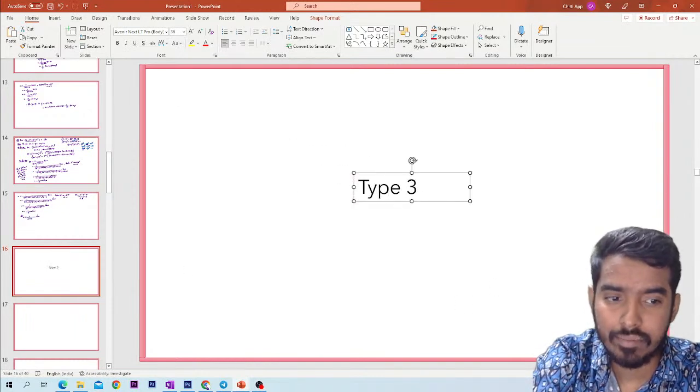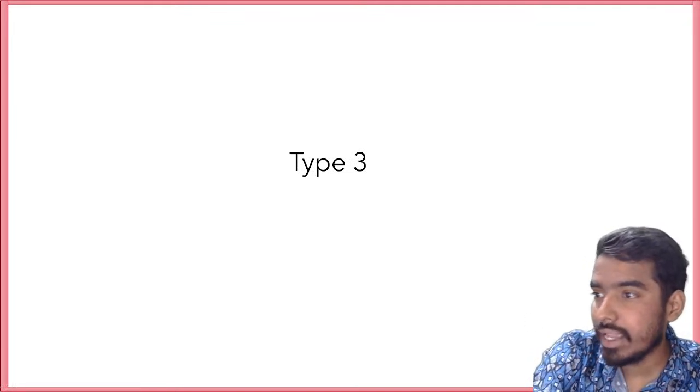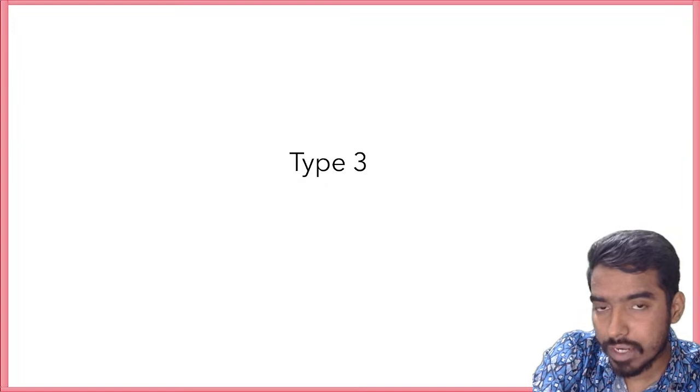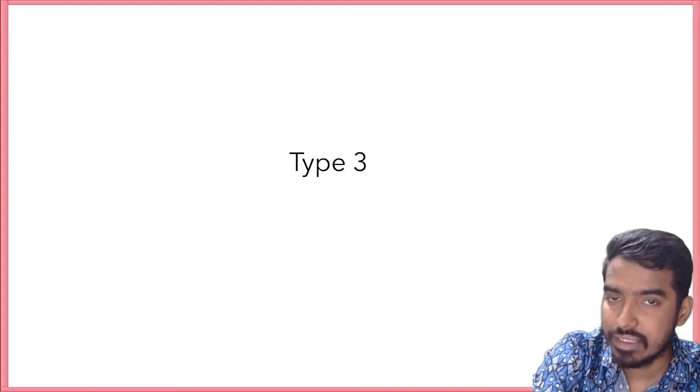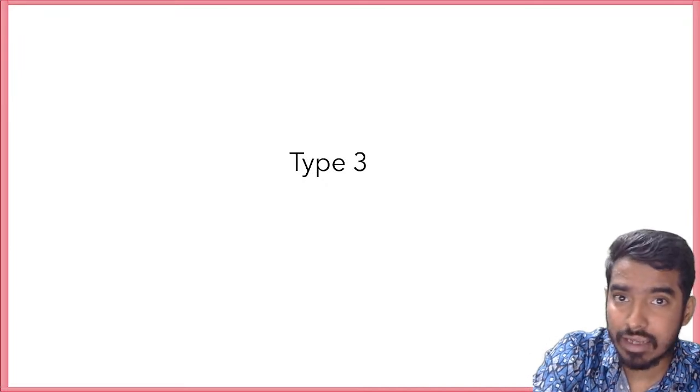So type 0 is RHS is 0 and type 1 is RHS e power ax and type 2 is sin ax or cos ax.